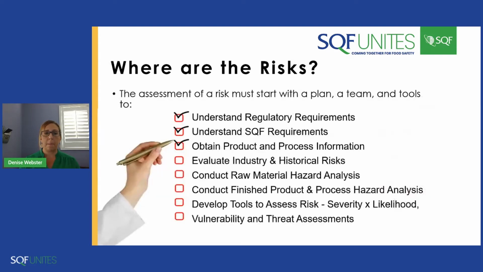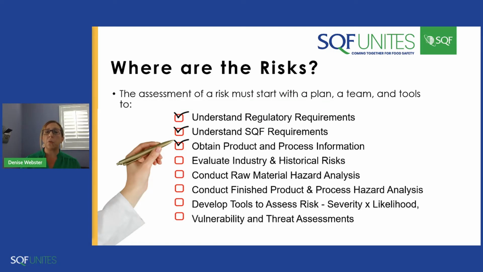Next. Well, we must first start with a plan and a team. We can't do this alone, as well as tools for your toolbox. We have to understand our regulatory requirements, as well as the SQF code, obtain the data around our product and process. Are we ready to eat or not ready to eat? Do we have multiple lines, one line? We need to also look at how the industry has performed.